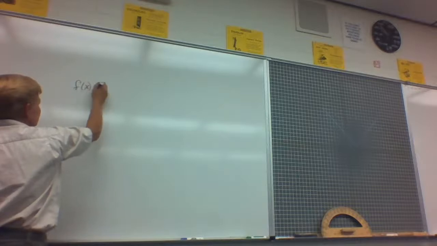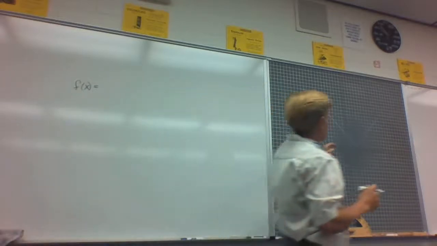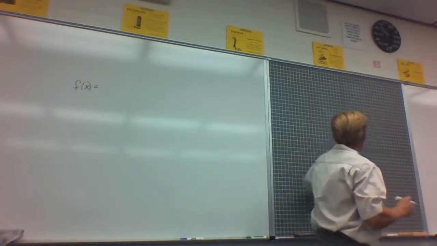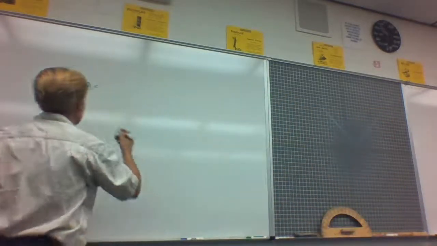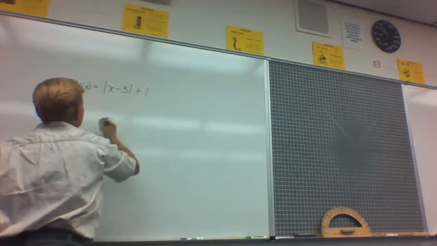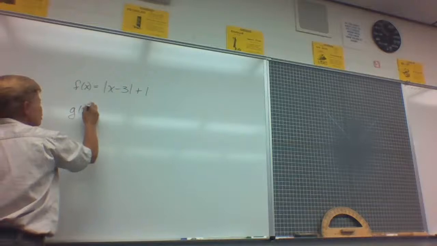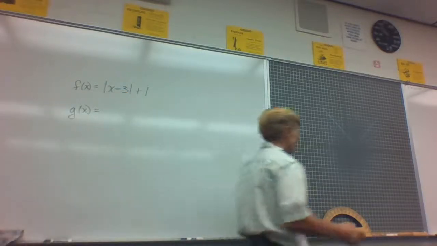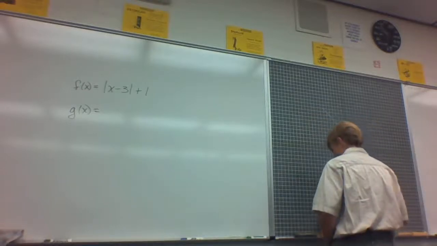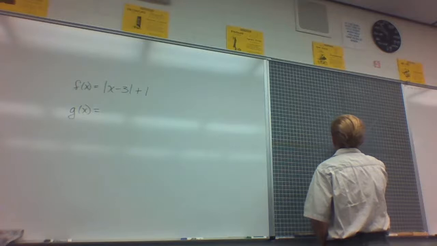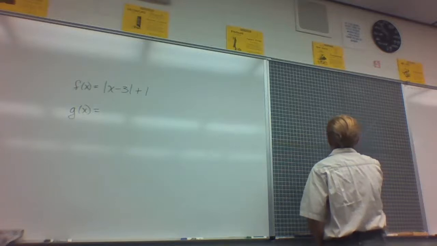Notice there's no vertical stretch or shrink, but it is moved over 3 and up 1. So they will tell you the original is the absolute value of x minus 3 plus 1. And they'll ask you to write g, but all they're going to do is give you a picture of g. That's all. You have to write the transformation. So let's say that g was over here, right here, and it was opening like this.